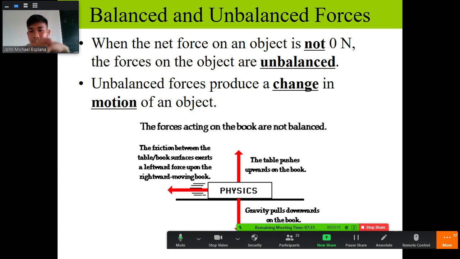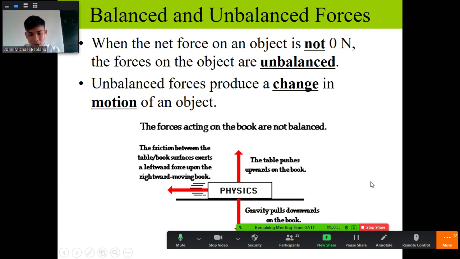So, ito na yung sinasabi ko. Pwedeng from rest to movement, pwedeng from moving object to rest, or pwedeng mag-slow down, or pwedeng mag-speed up. So, those are examples of a change in the state of motion of an object.